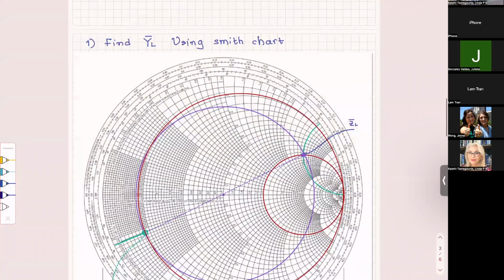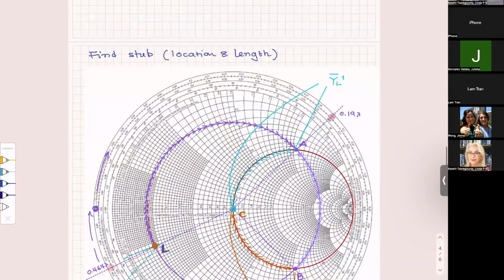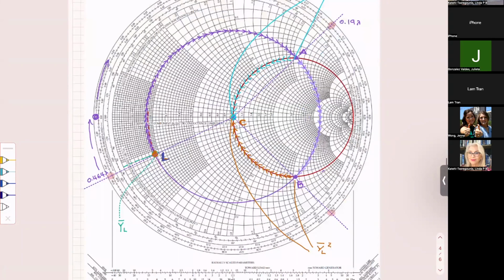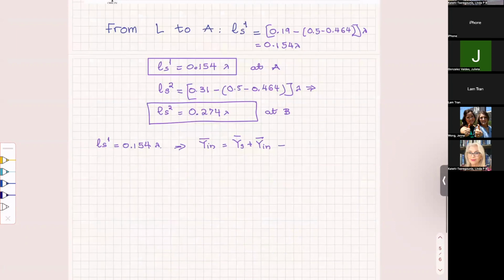Okay, so to be able to go from this one here, well, so I don't get you too confused, from here, then from AA prime. So from here, we find that Y input, which we want it to be 1, gives us eventually that YS is going to be 1 minus Y input at AA prime.